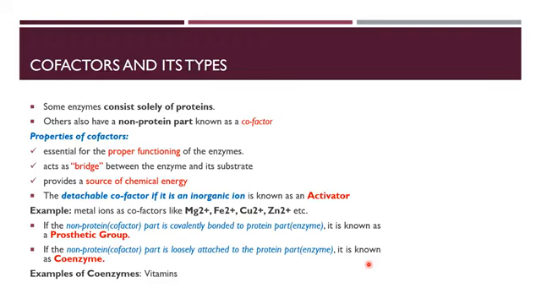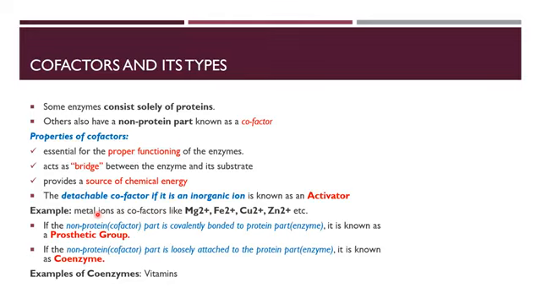Examples of coenzymes include vitamins. So we have studied that a cofactor is the non-protein part. If it is covalently bonded to the enzyme, it is a prosthetic group. If it is loosely attached, it is a coenzyme. It is an activator if it is an inorganic ion and detachable, because it makes a weak bond with the enzyme.